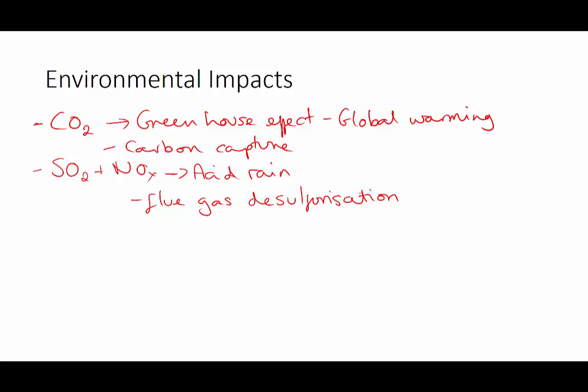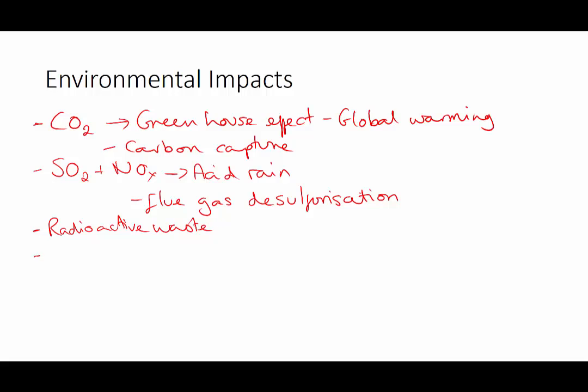Okay, production of waste materials. We've already talked about carbon dioxide, sulfur dioxide and nitrogen oxides, which come from fossil fuels. If we use nuclear fuels, the waste that's produced is radioactive. Those radioactive wastes are going to be giving off radiation for a considerable amount of time, so they need to be disposed of in such a way that they're not going to cause harm to any wildlife.